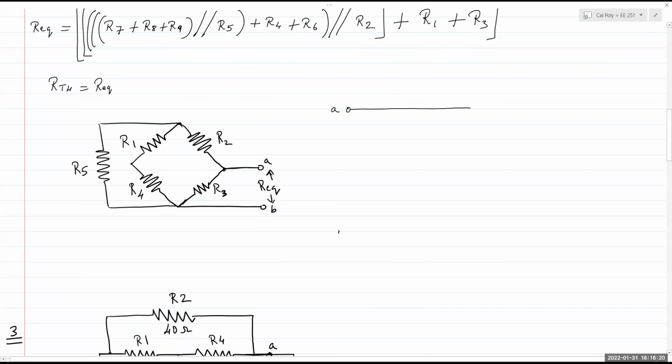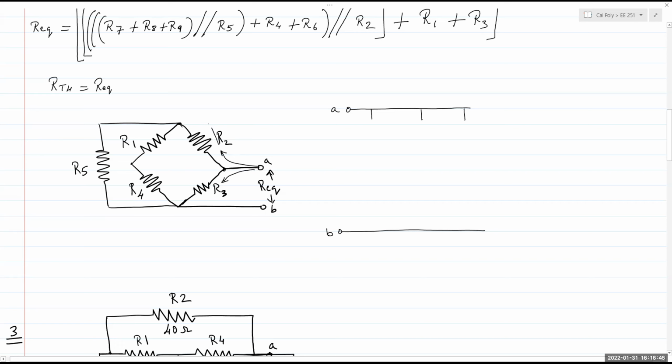In this technique, what we're going to do is draw out the terminals of analysis, meaning A and B, spaced far apart. And the goal is to connect all the resistors vertically going from A to B. So if I start at A, I can see I have two resistors at A, R2 and R3.